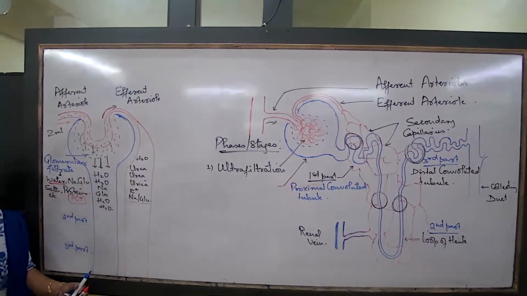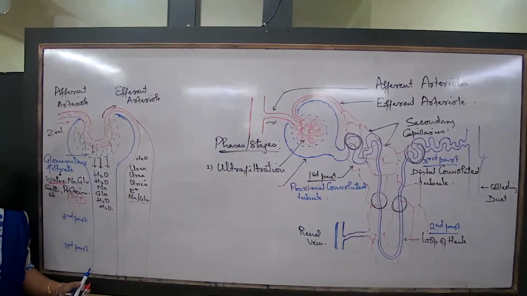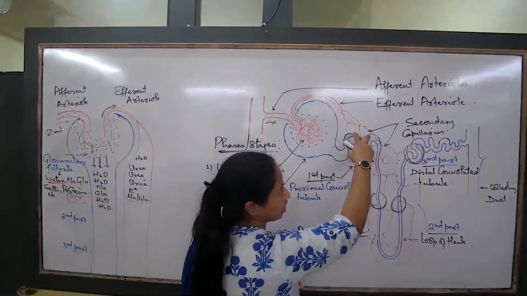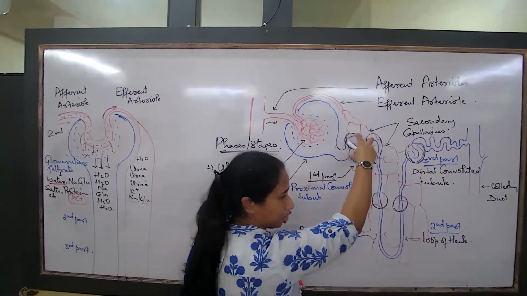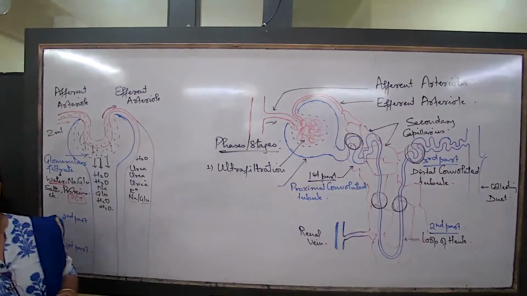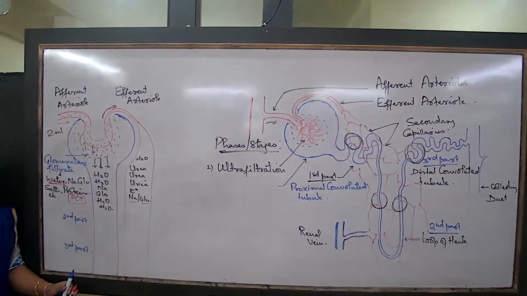Traces means very little. So try understanding what I am comparing. In this region I am comparing what is happening in the tubule and what is happening in the blood capillary surrounding. Not understanding? You have to raise questions.